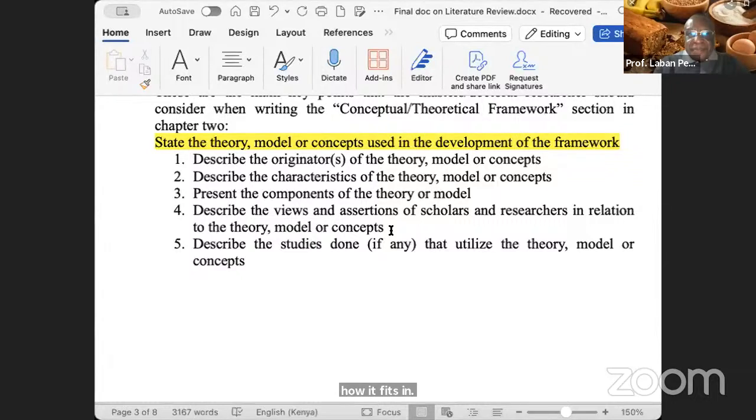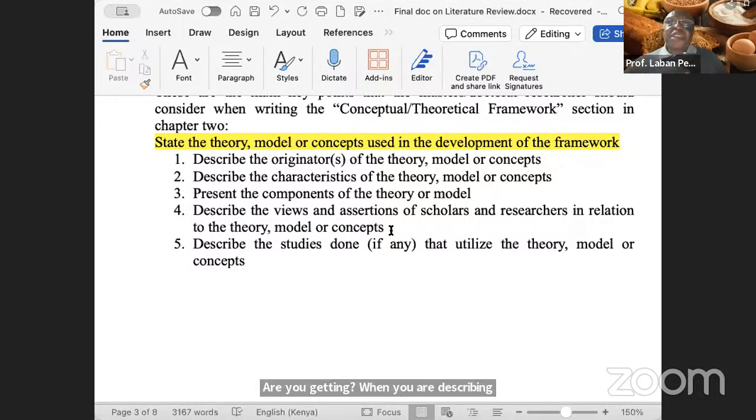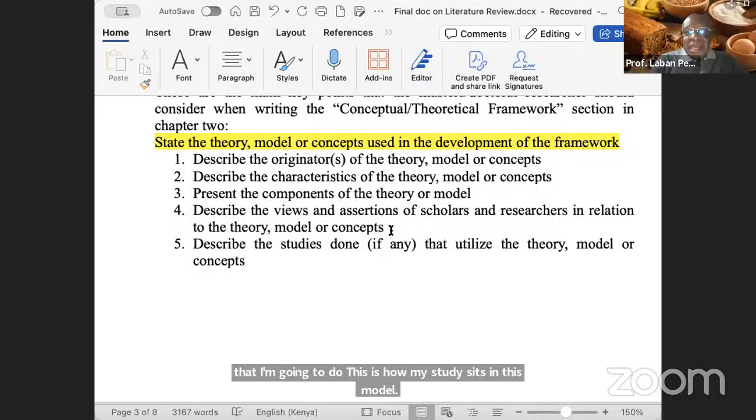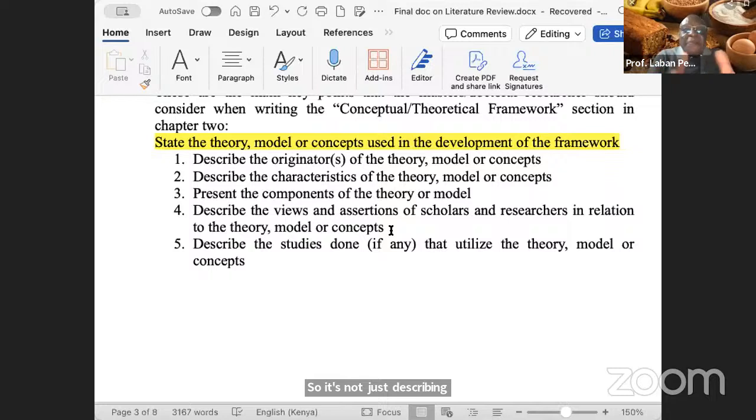Are you getting it? When you are describing the views and assertions, it will be like your chapter 4, the discussion. You are now able to say, in this study that I'm going to do, this is how my study sits in this model. So it's not just describing these things independent of your study. Good question. Thank you.